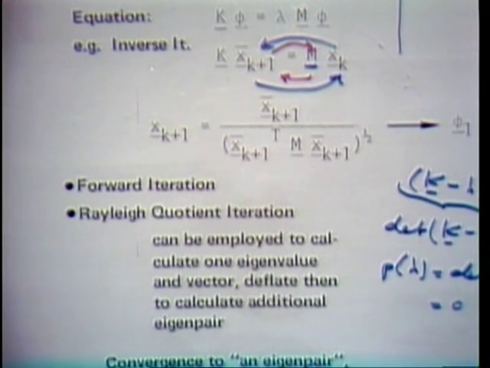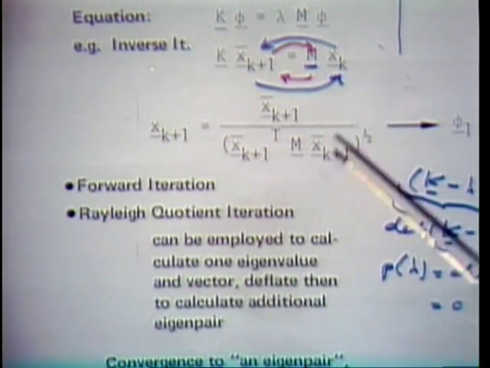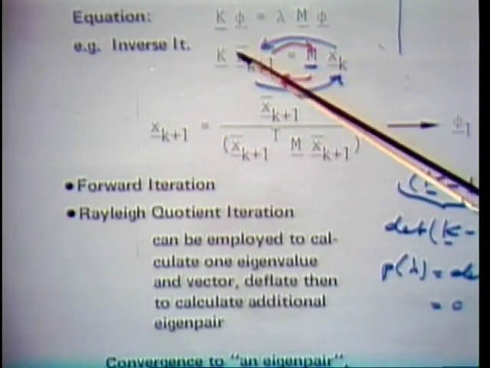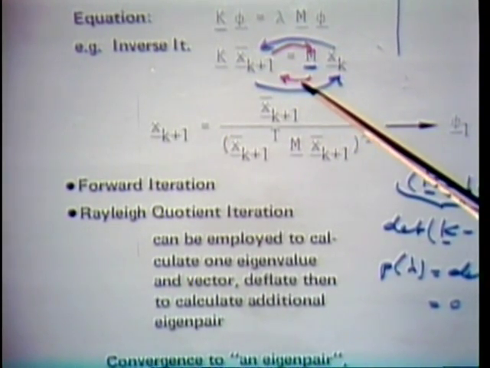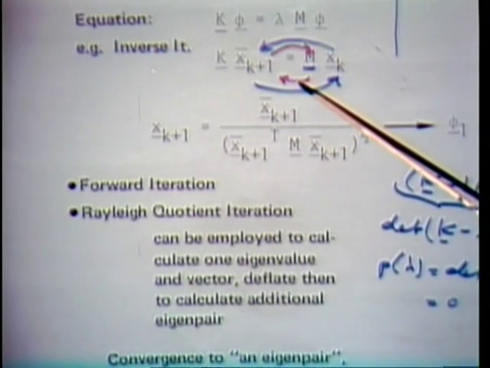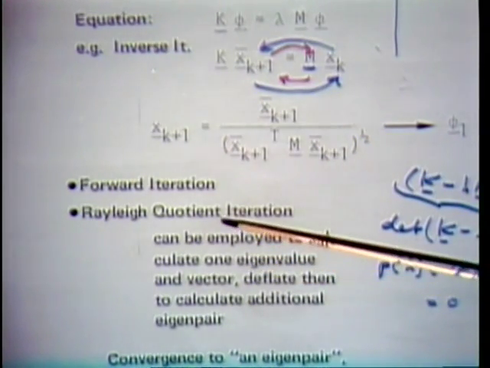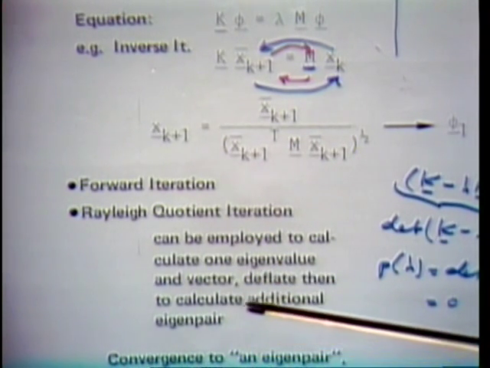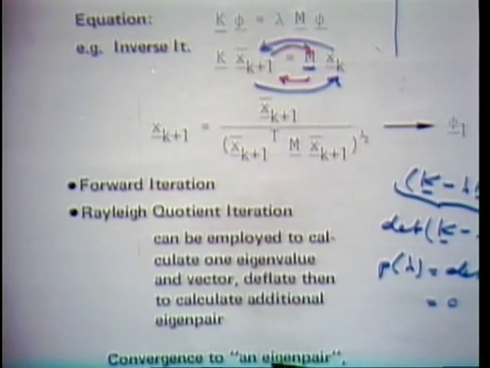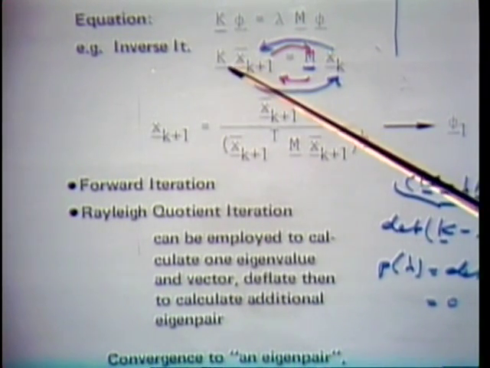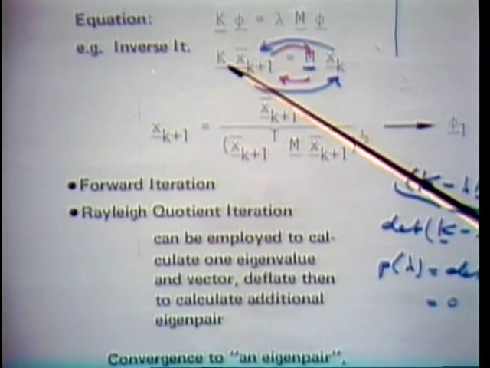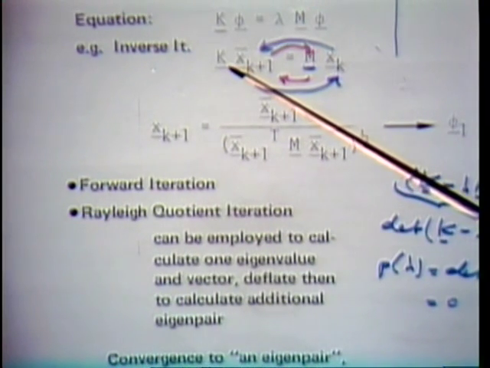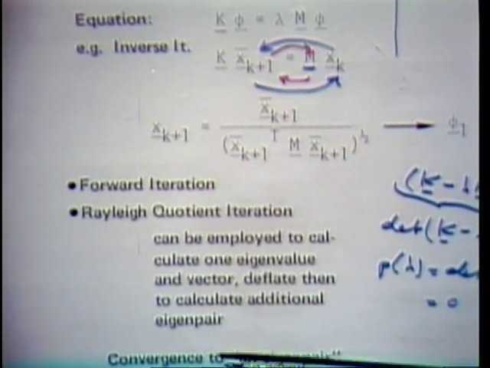Then there is Rayleigh quotient iteration. The Rayleigh quotient iteration is again an inverse iteration, however with an acceleration scheme in it, a very effective acceleration scheme. This Rayleigh quotient iteration can be employed to calculate one eigenvalue and vector, and then of course we have to deflate afterwards the matrix, the coefficient matrix, for the eigenvector that we have calculated already, and we then could go on towards the calculation of additional eigenvalues and vectors.